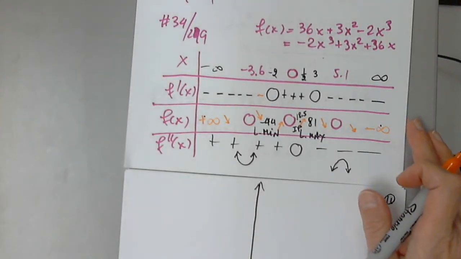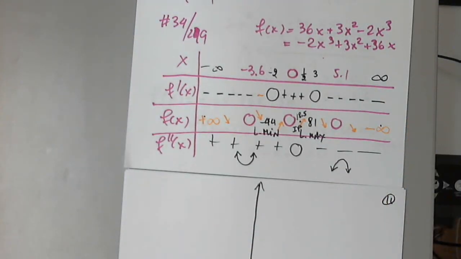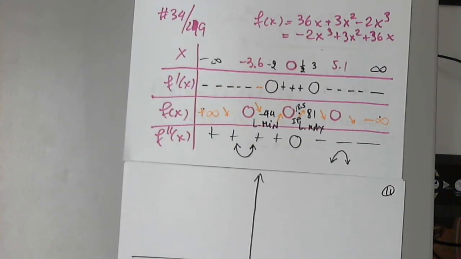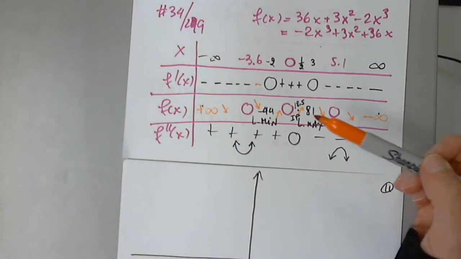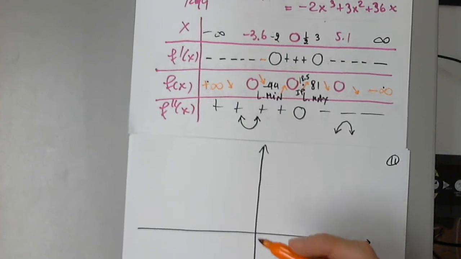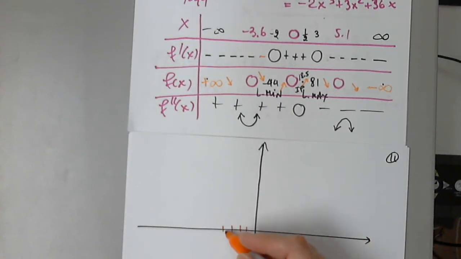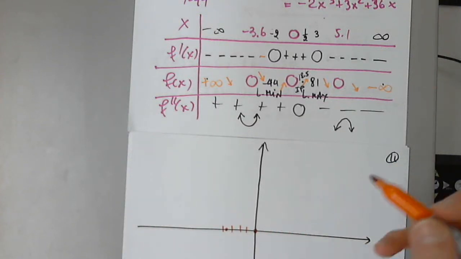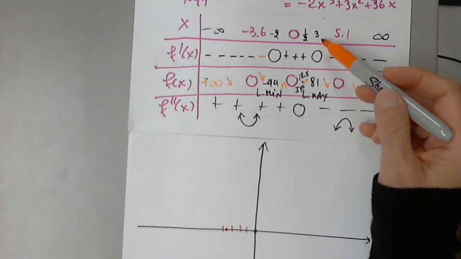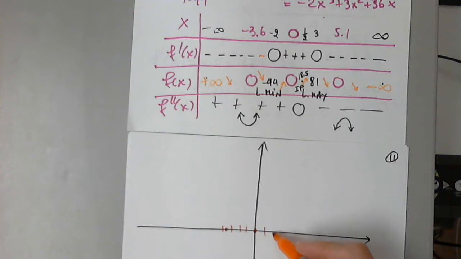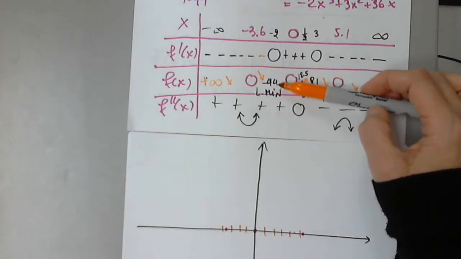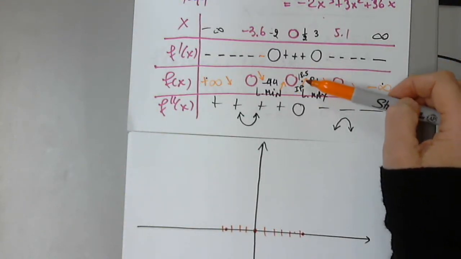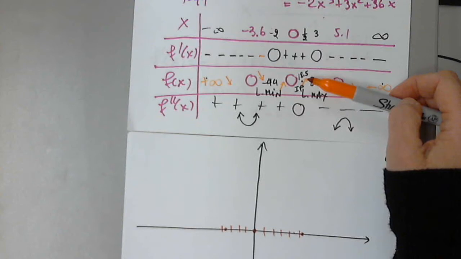I will plot the points first. To the best of my abilities, I'm going to create a scale that makes some sense. So at negative 3.6, 1, 2, 3, 4, and negative 3.6 is 0. At 0 is 0. And at 5.1, 1, 2, 3, 4, 5.1. Now it's going to be a little bit difficult, the negative 44, the positive 81, and the 18.5.